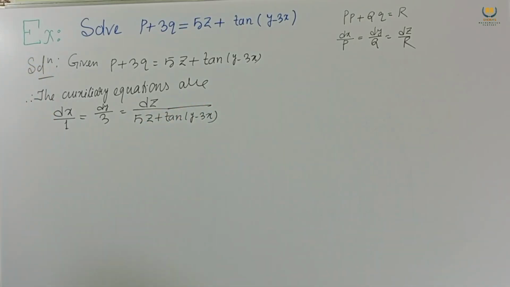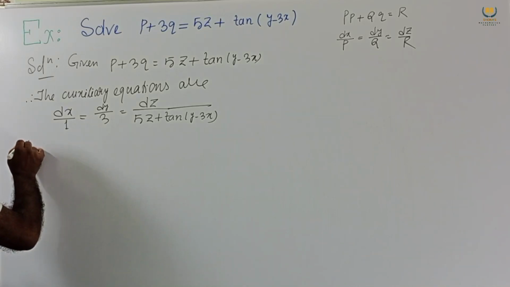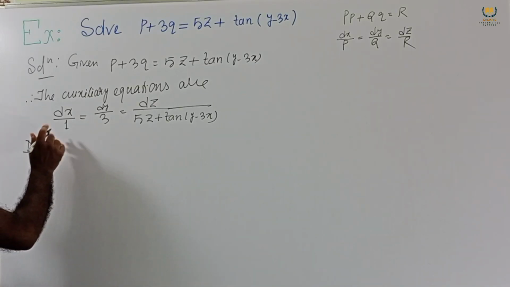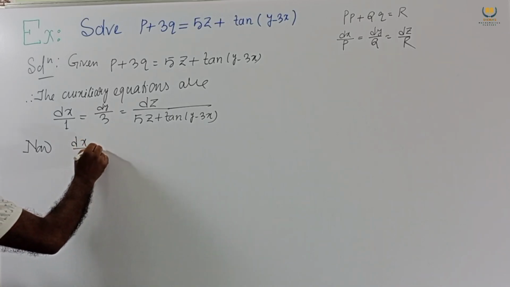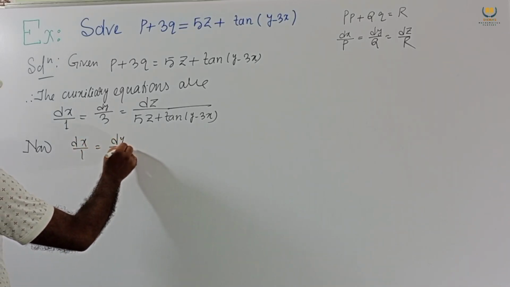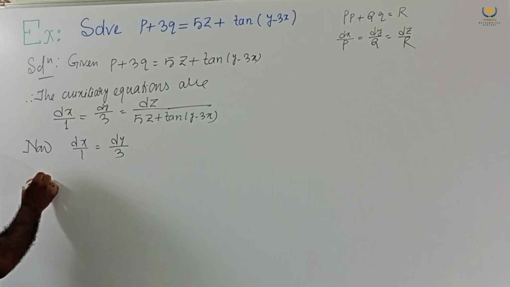We get this. Now we consider the first two pair, dx by 1, dy by 3.